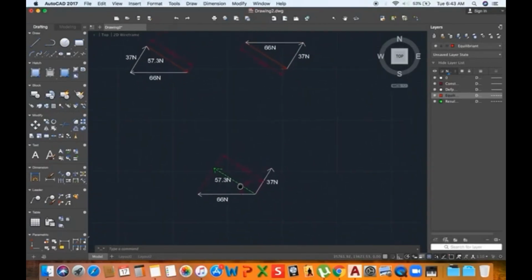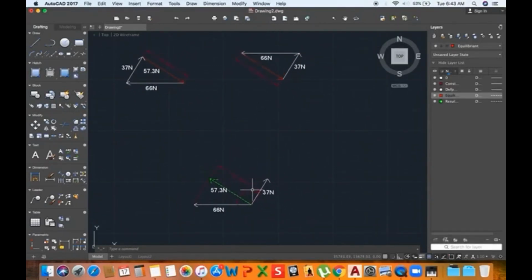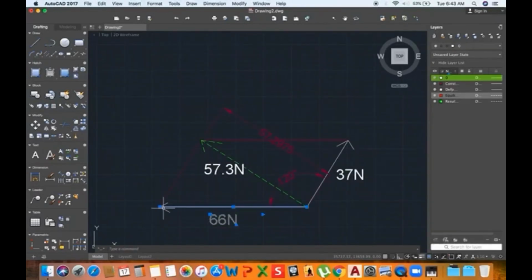So, if I had drawn a diagram, and let's say this was the diagram that I drew.